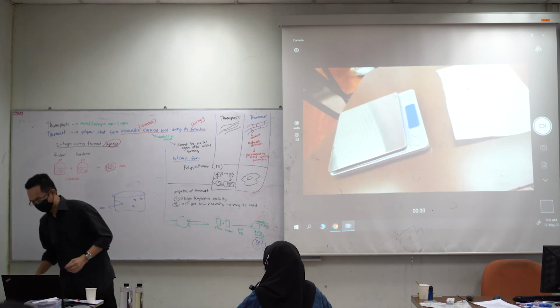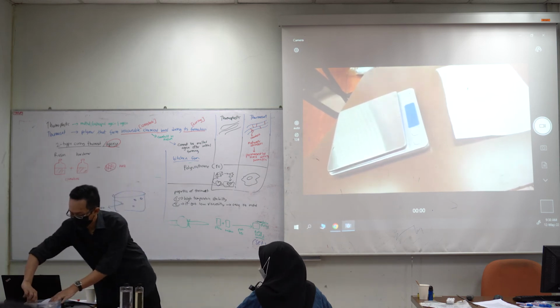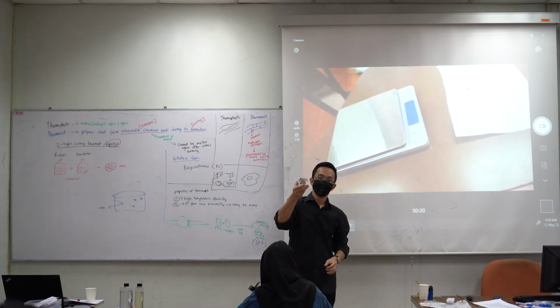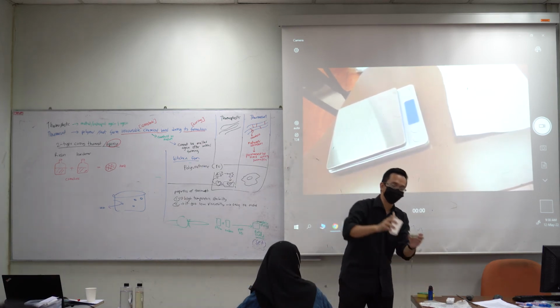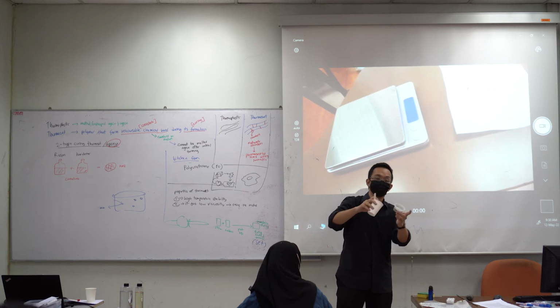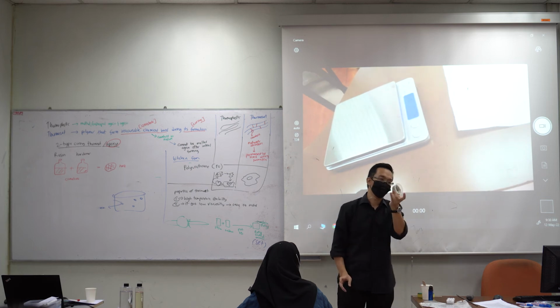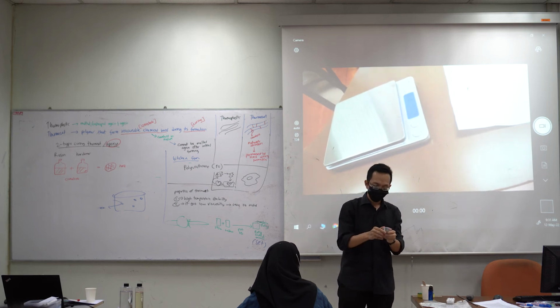Any mold will do. For example, you put it inside the plastic like this, and then you just pour like that, whatever you want to put inside. After 1 day or 2 days, you can take it out.